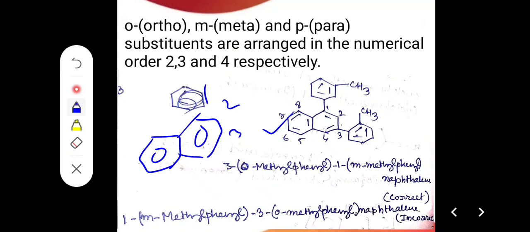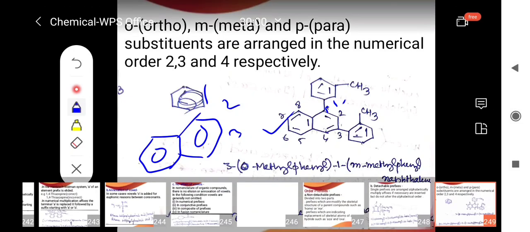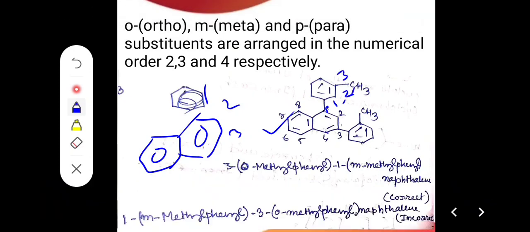We do not consider the substituent; we consider the naphthalene moiety and its numbering system. We consider only the numbering system of naphthalene. So at 1 position, this unit is present. Suppose this is 1 carbon, so this is 1 prime, 2 prime, and 3 prime.